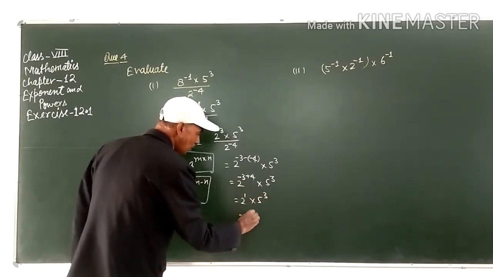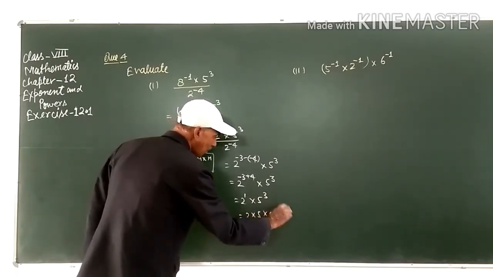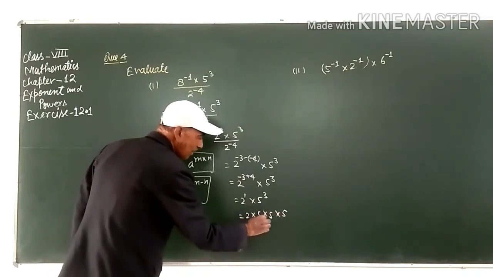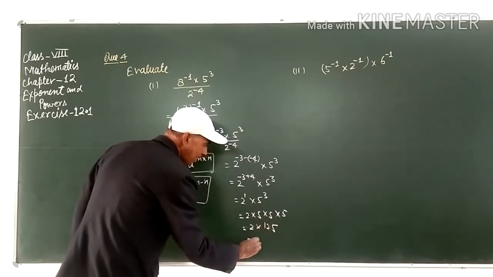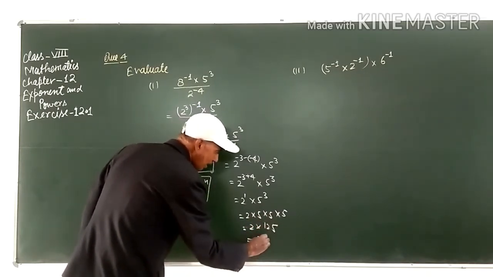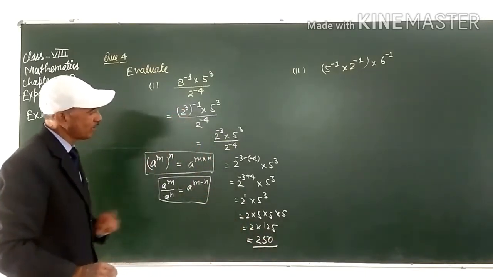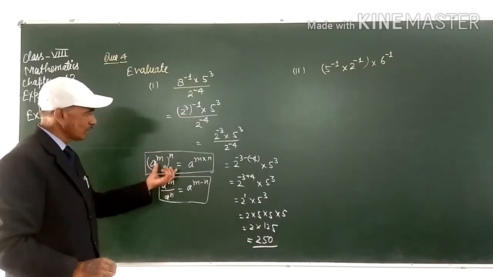It means 2 into 5 into 5 into 5. So, students, 5 into 5 into 5 is 125, and this one will be 250. This is the answer of this part of the question.